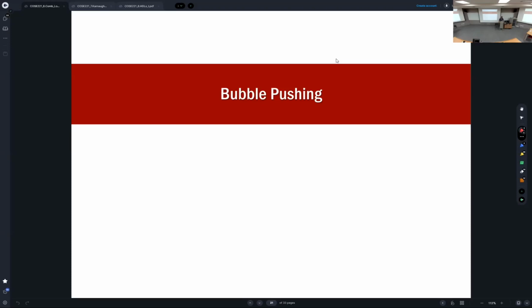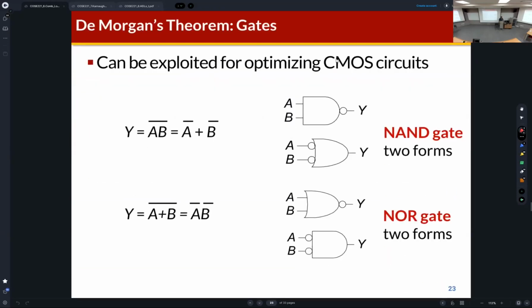So De Morgan's theorem is a unique theorem in Boolean algebra, which means that it's important. Okay, so we can apply De Morgan's theorem. So actually, we can optimize the Boolean equations using De Morgan's theorem. Okay.